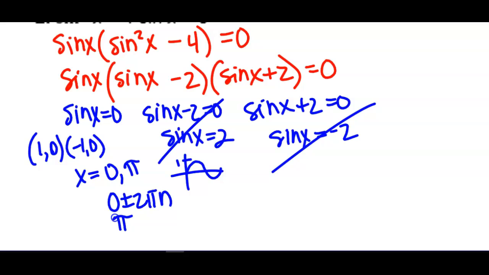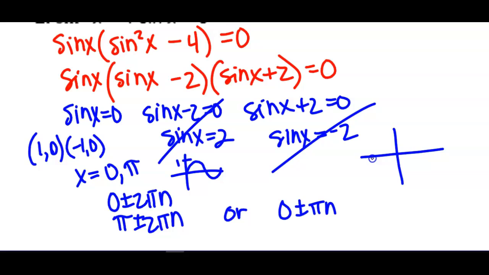Now, somebody might be thinking there's a shorter way to write that. Since they're just straight across from each other, you could say 0 plus or minus every pi. It's going to repeat. If you think about the sine graph, it goes through 0, 0, and then it does it pi later, and another pi after that, and another pi this way. Okay, that's a shorter way to write it.